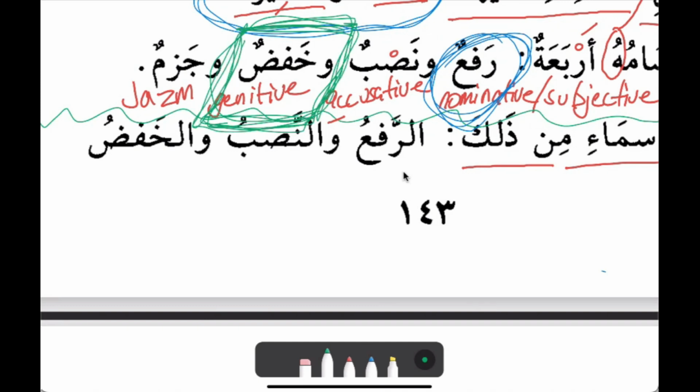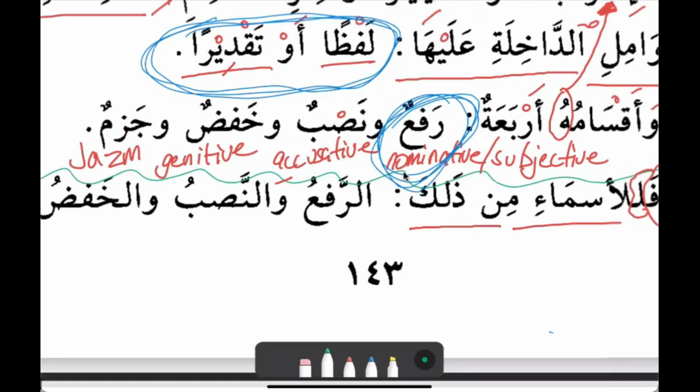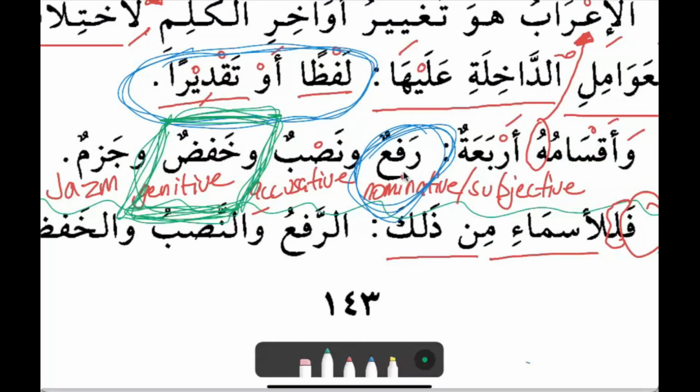Most consistent, yani, like the most counterpart, because it's just for nouns only. What I have a question about is rafa' and nasb in English verbs, truly?